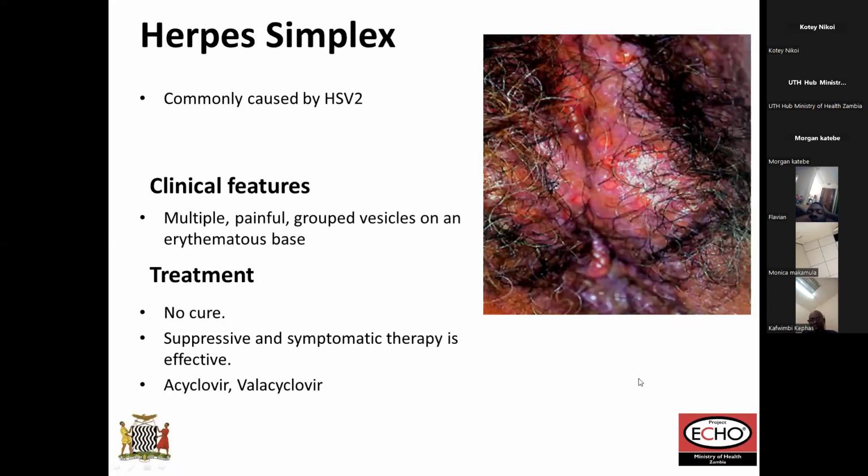There is no need to treat one who was exposed but doesn't have the lesions. And there are multiple antiviral agents that you can use to treat. The commonly available, of course, is acyclovir. It can at least reduce the duration of symptoms if the eruption has already occurred. Next slide.